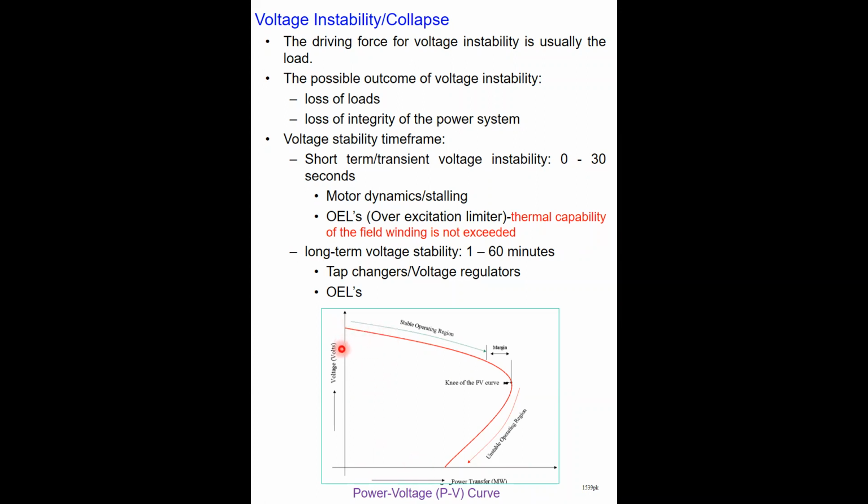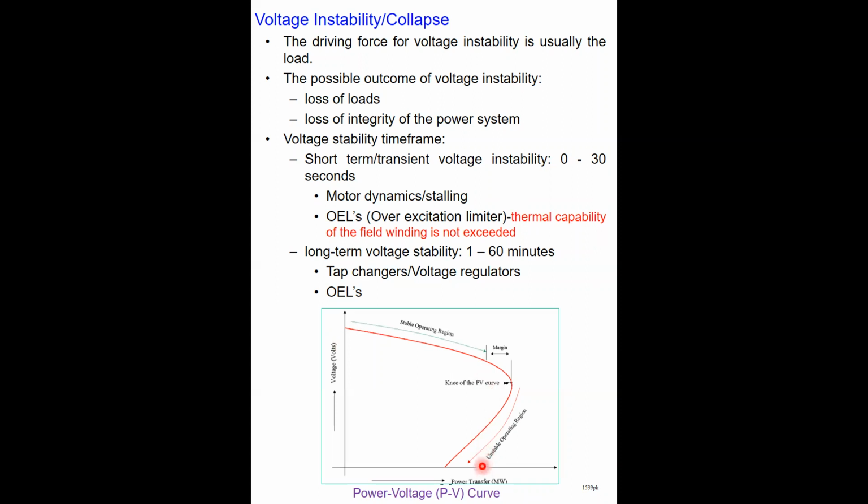So it could be something like 0.999, 0.98, 0.9795, and so on, up to this point. So this could be the safe operating region. But let's say you have something like 30% overloading.